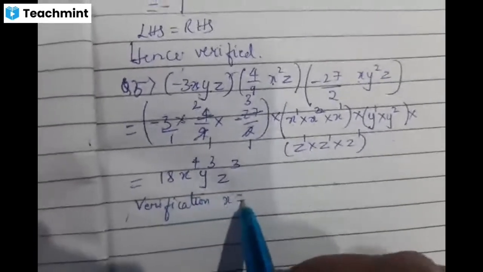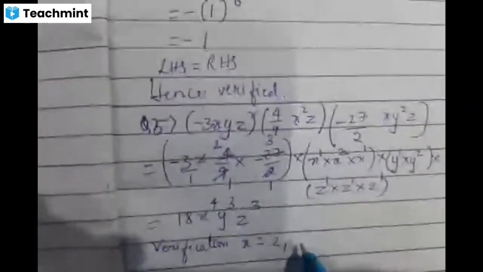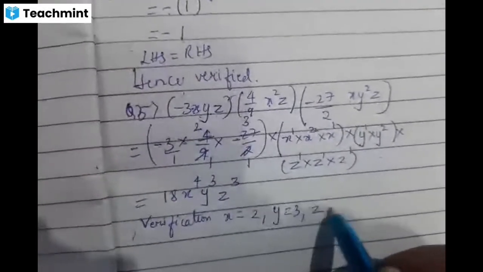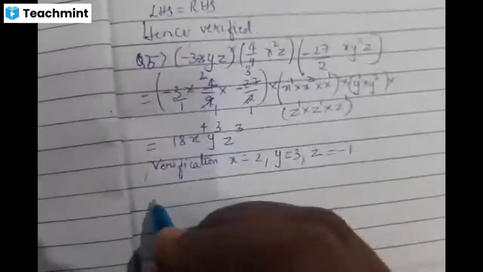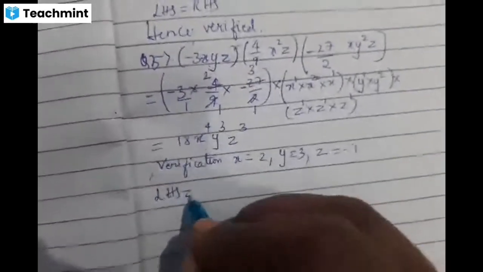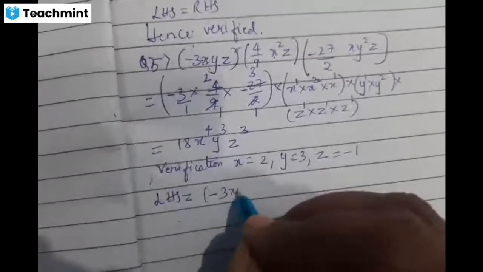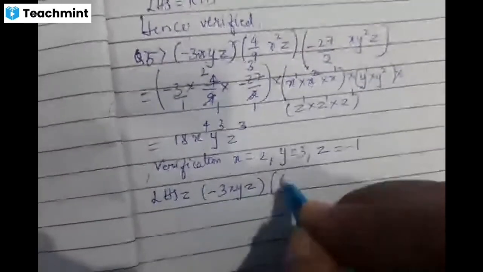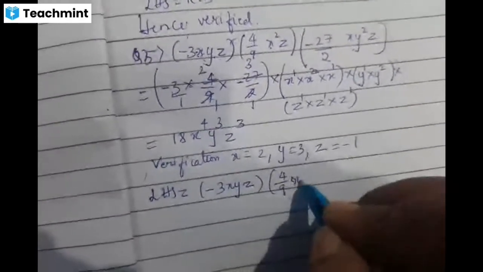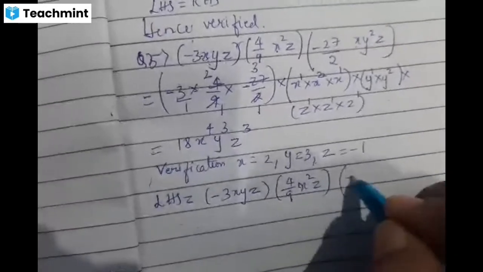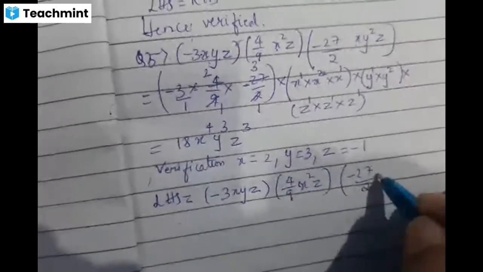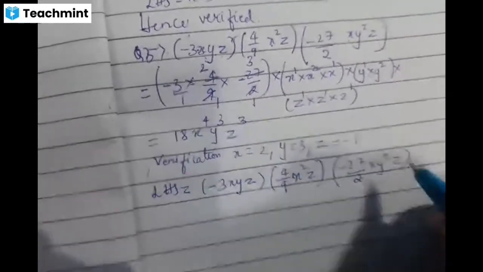The value of x is given as 2. Value of y is given as 3. Value of z is given as minus 1. Now consider LHS, which is minus 3xyz, 4 by 9 x square z, minus 27 by 2 x y square z.